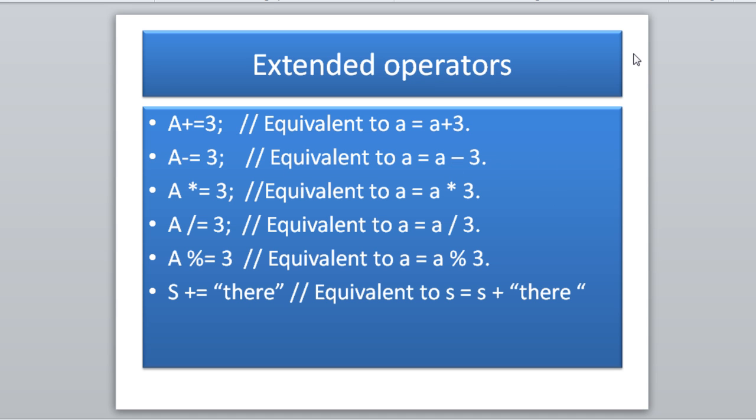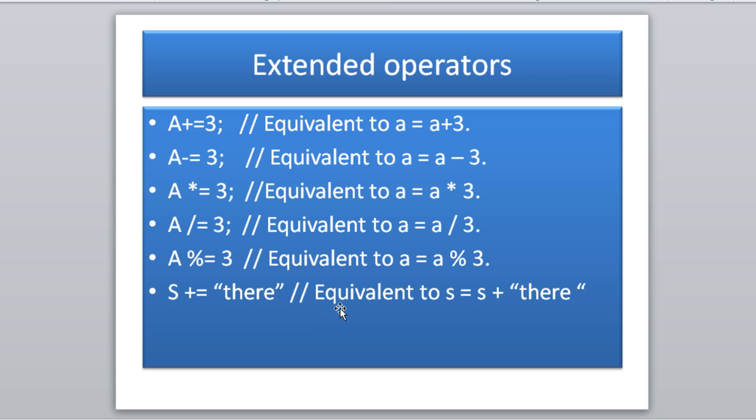The asterisk is for times, so a times equals 3 is equivalent to a equals a times 3. You're assigning whatever the variable is times whatever the number is to the variable.